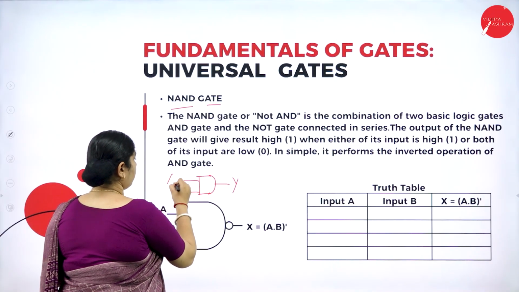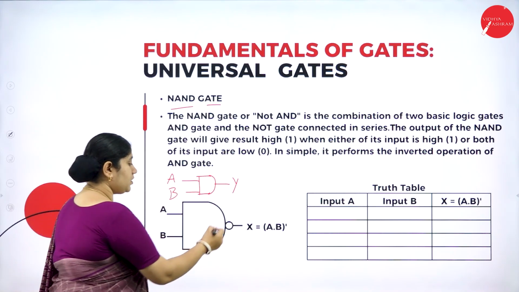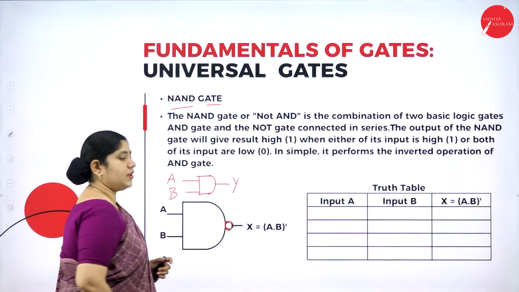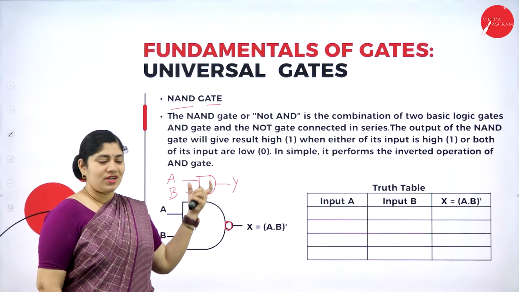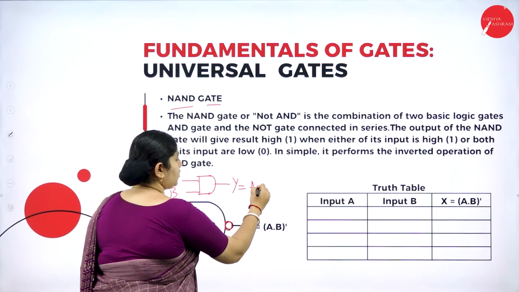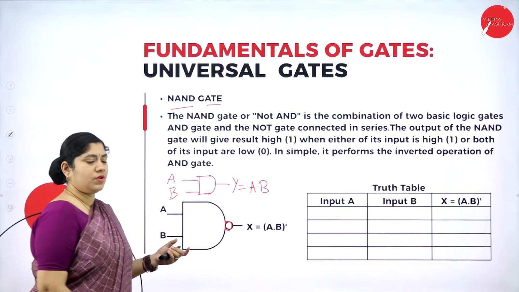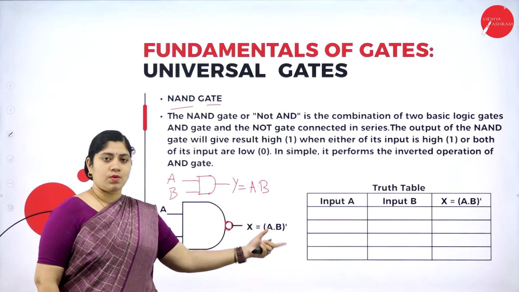A, Y followed by 2-bit inputs. But just by placing a notch in front of an AND gate, it is successfully called a NAND gate. And you can see the representation. The AND gate is A into B, and with respect to the NAND gate, it is A into B whole bar.